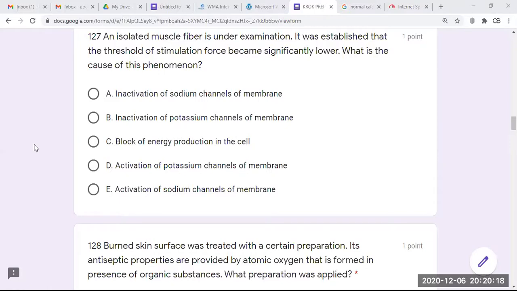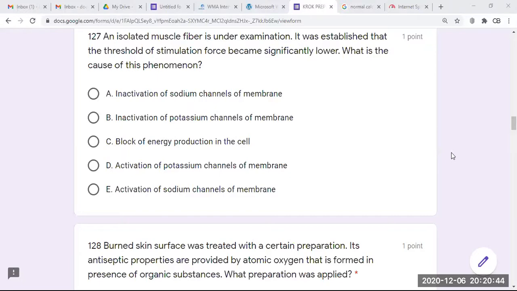So the threshold will be lower; only 10 positivity has to come in. So the answer is going to be what? Activation of sodium channels of the membrane. I used calcium here, it doesn't matter. It can be calcium, it can be sodium, okay?